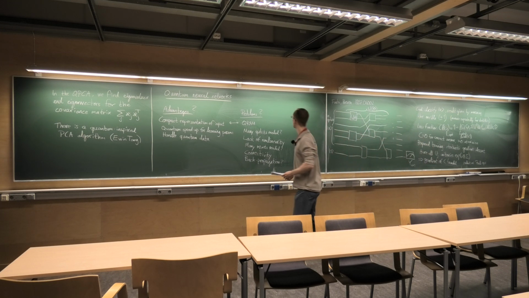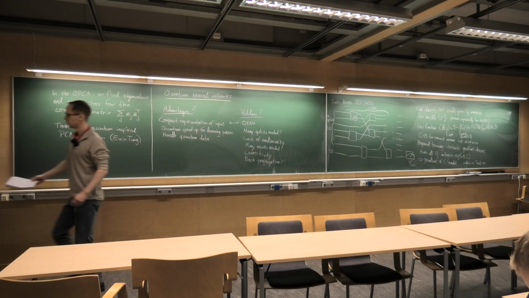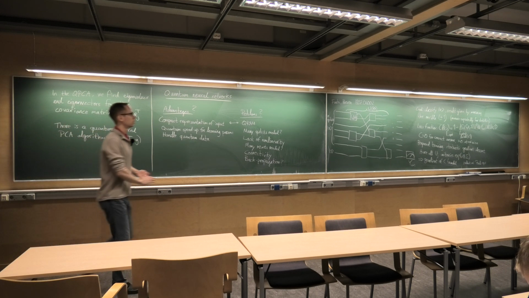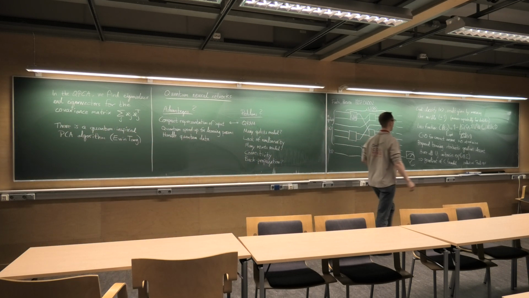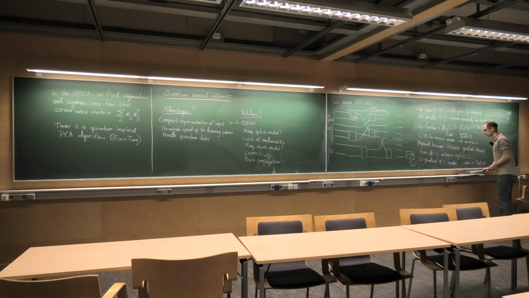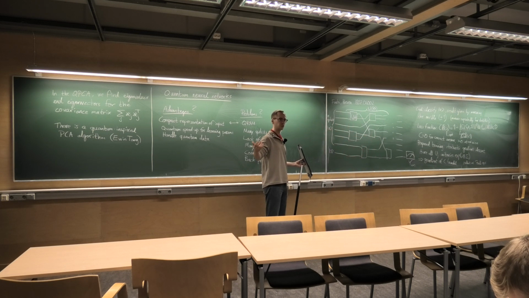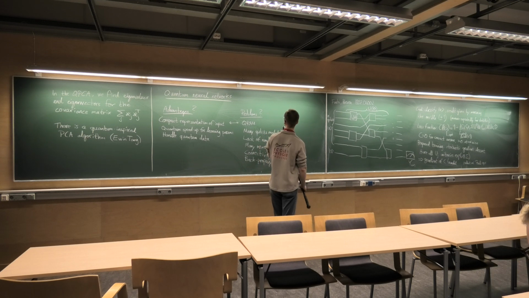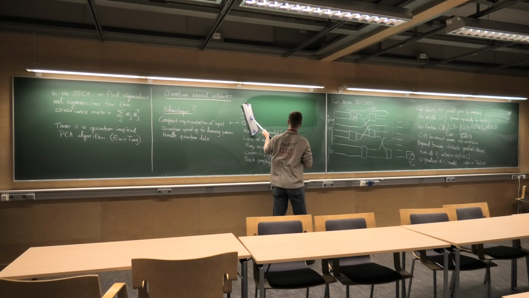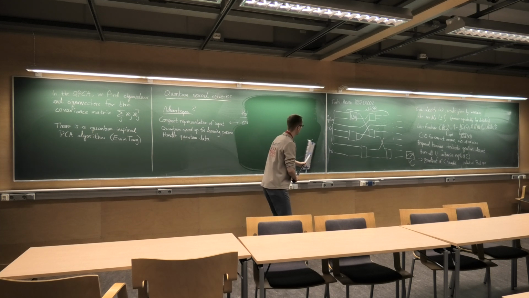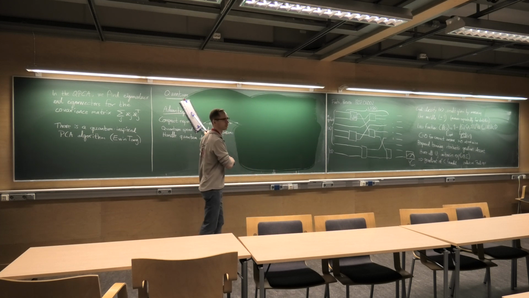Let me get some space here. Now you remember we discussed for the classical neural network there was this old theorem by Cybenko showing that with a single hidden layer you could represent any smooth function. So you can ask, well, will we be able to represent any function here?